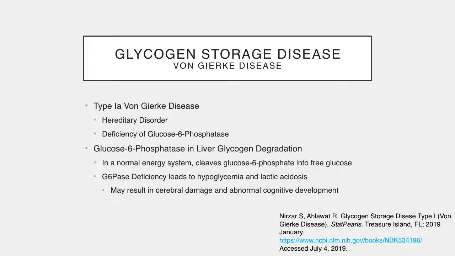The role of glucose 6-phosphatase in liver glycogen degradation is the cleavage of glucose 6-phosphate into free glucose. If there is a deficiency of this enzyme, this will lead to a lack of glucose production, otherwise known as hypoglycemia, and lactic acidosis. Recurrent episodes of hypoglycemia and lactic acidosis may result in cerebral damage and abnormal cognitive development.